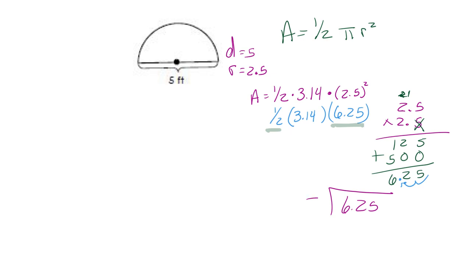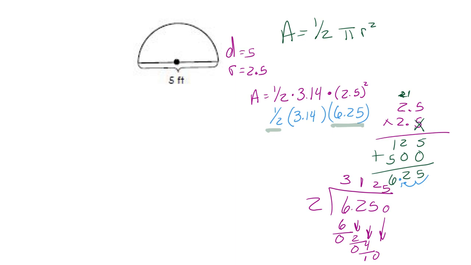So off to the side here again, I'm going to do 6.25 divided by 2. 2 goes into 6 3 times, gives me 6, 0, bring the 2 down. 2 goes into 2 once, 2, be 0, bring the 5 down. 2 goes into 5 2 times, I get 4. I get 1 left over, I have to add a 0 and bring it down. 2 goes into 10 5 times.